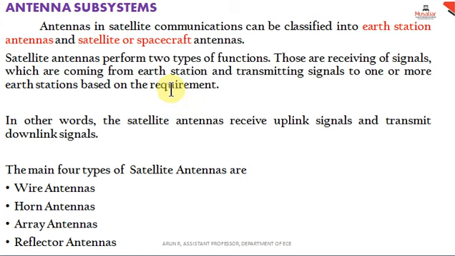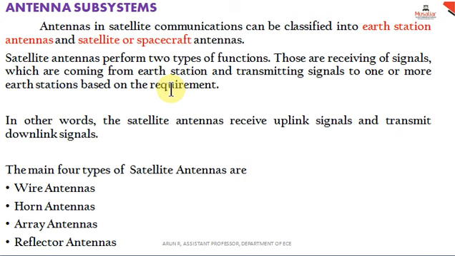And there are different types of satellite antennas. The main four types are wire antennas, horn antennas, array antennas, and reflector antennas. According to the requirement or the function, different types of antennas are used in an antenna subsystem.